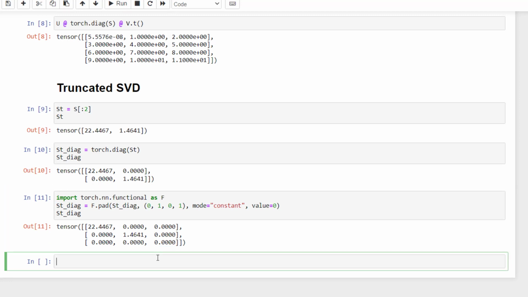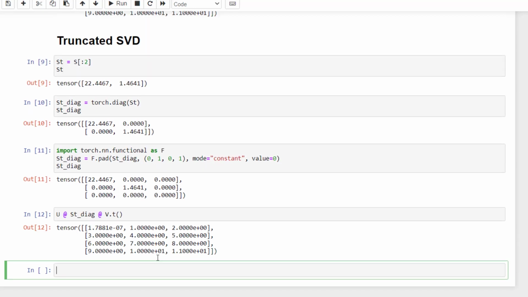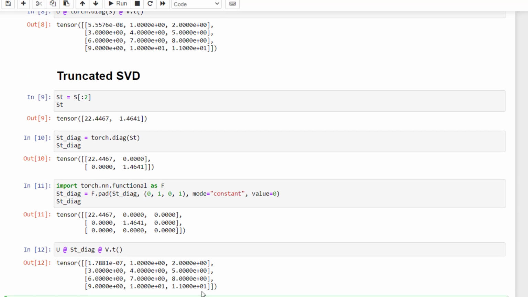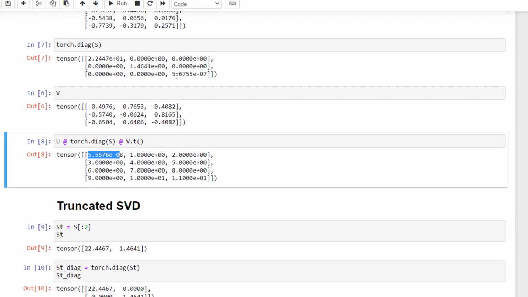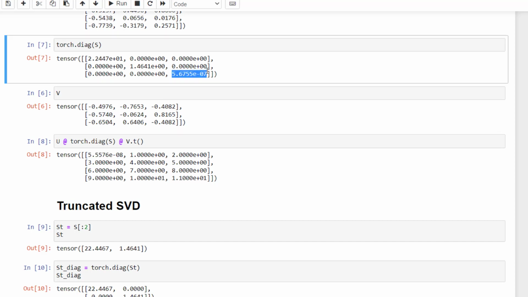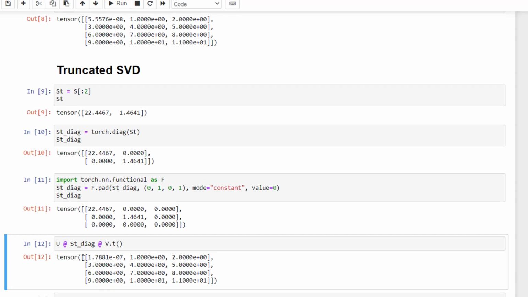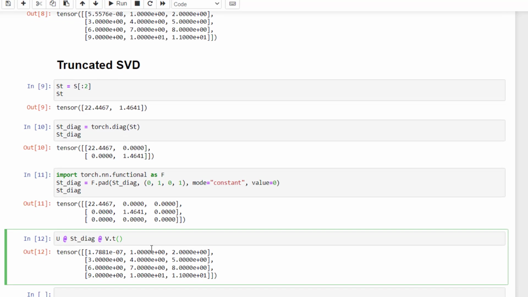So yeah, I can now compute the original W as the multiplication of U times S_t_diagonal times V.T. And if we take a look here, we see that it is actually very similar to what we computed here, only this value differs because we just removed the final singular value, which was not very important, so we don't see any important changes, and only one minor change happens here.